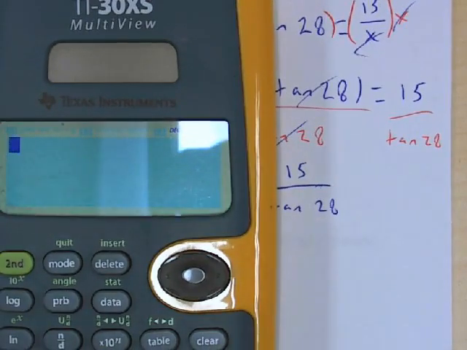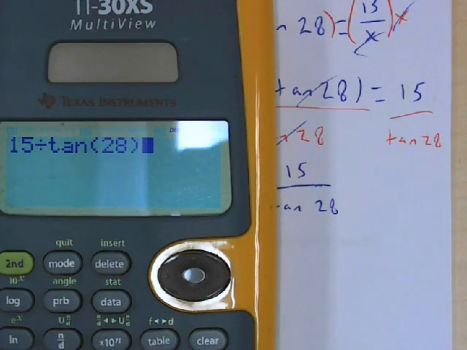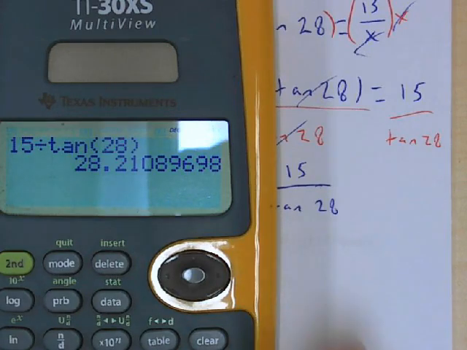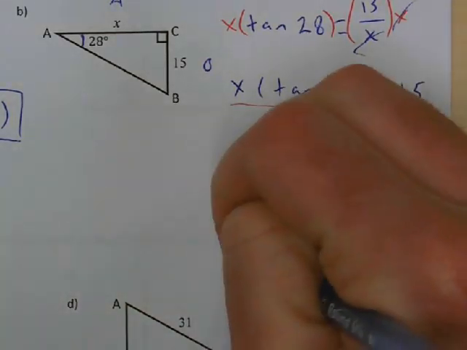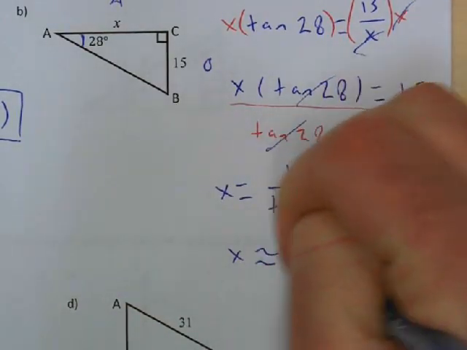Good enough. And we want 15 divided by the tangent of our angle, which was 28 degrees. And then punch that in the calculator, and we get about 21.21, so about 21.2. I'm sorry, 28.2. I was looking at the decimal. So x is approximately 28.2.